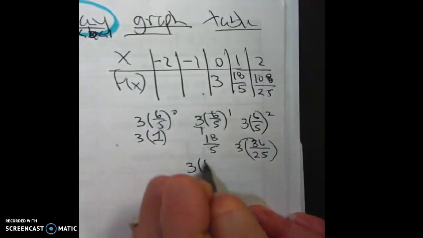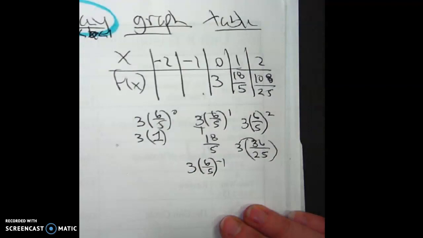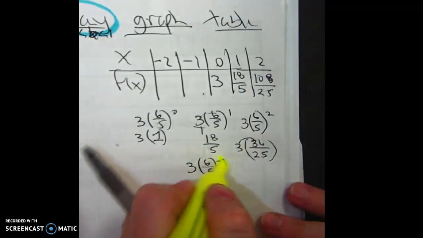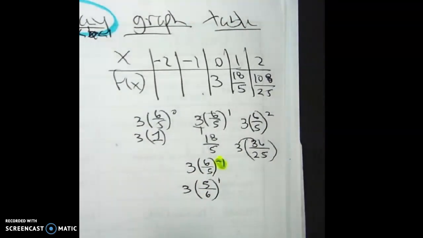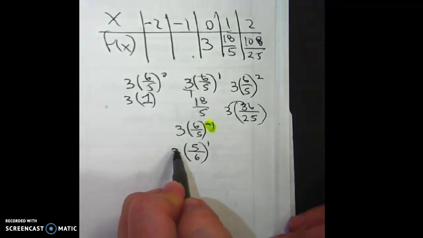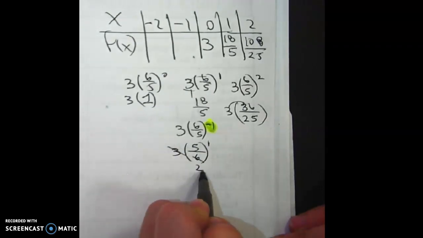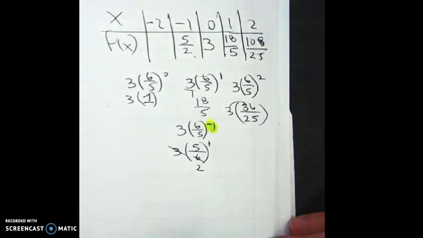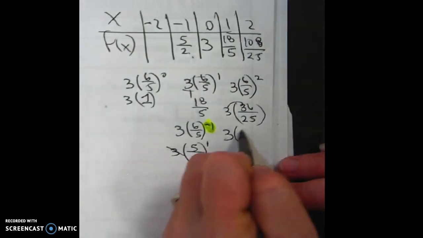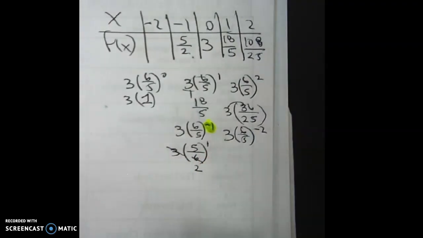3 times 6/5 to the -1. How is this one different than this one? In this case, I have to flip the fraction and then it turns positive. Okay? So anything to the first power is itself, and that would simplify to 5/2. Now let's do the same thing. 3 times 6/5 to the -2.